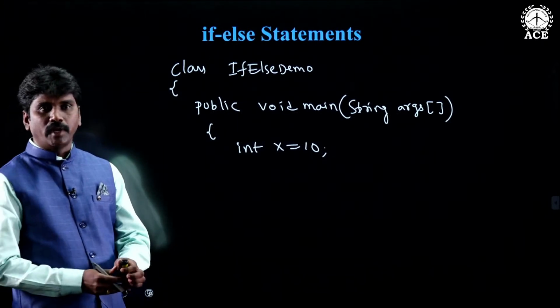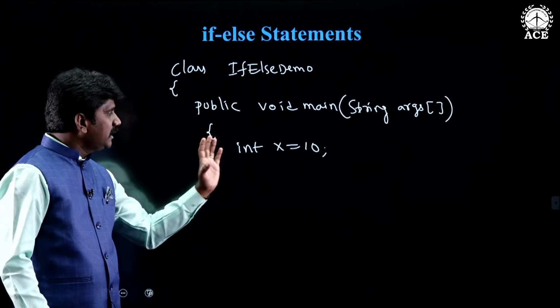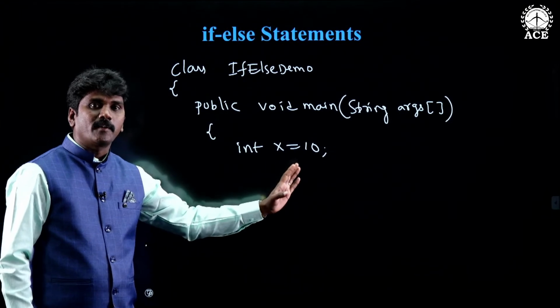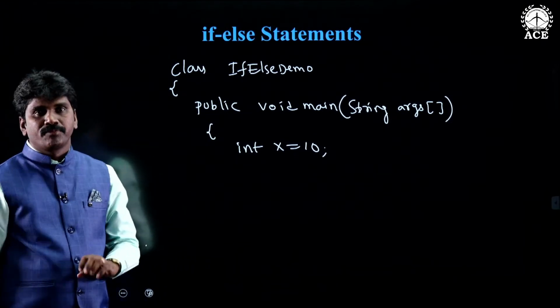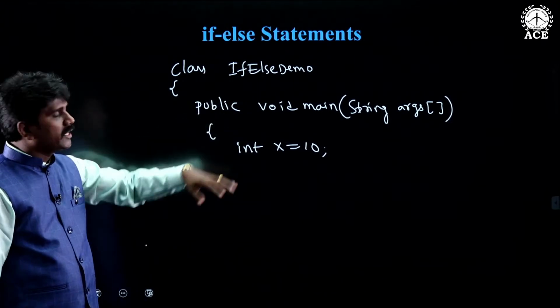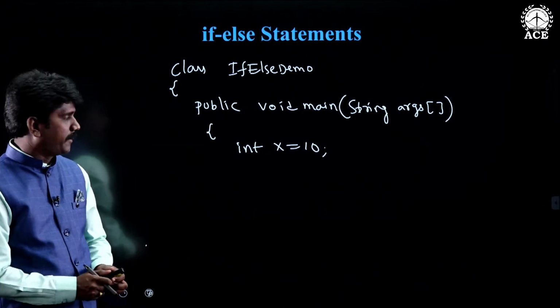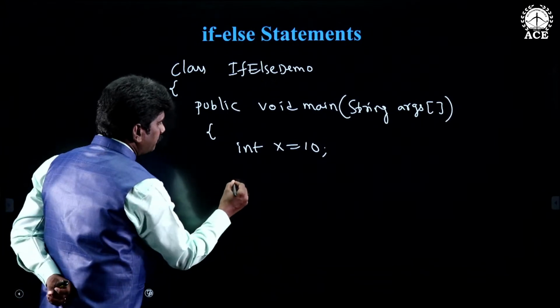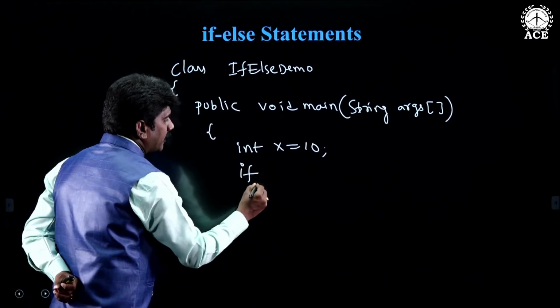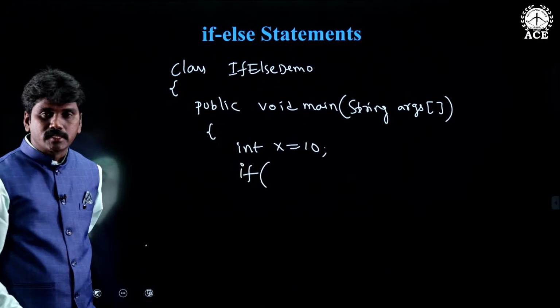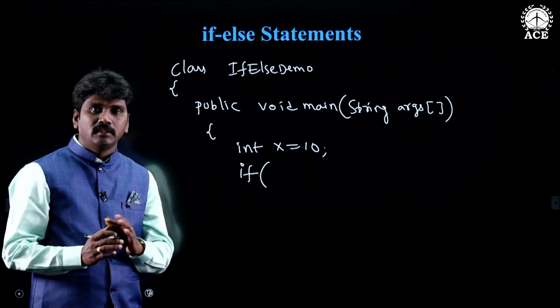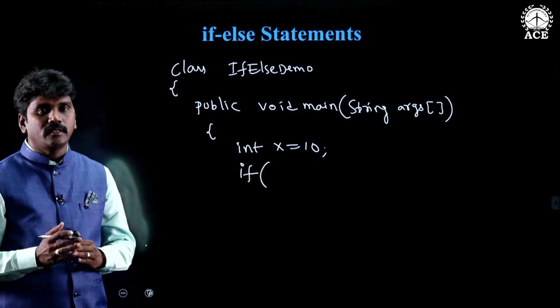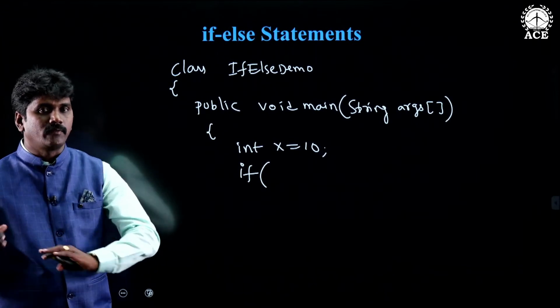Now I would like to find out whether this x is an even or odd number. For that, let us see with the help of the if else statement. The first thing is we check the condition. If expression, then statements inside that, and the else part will be there.